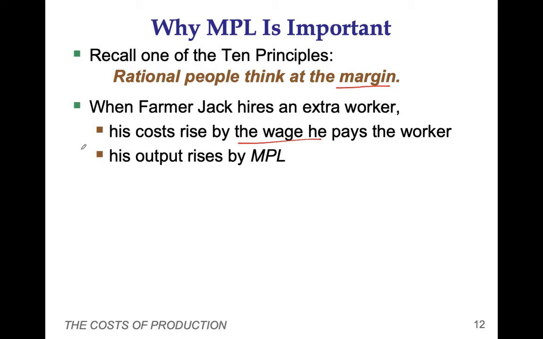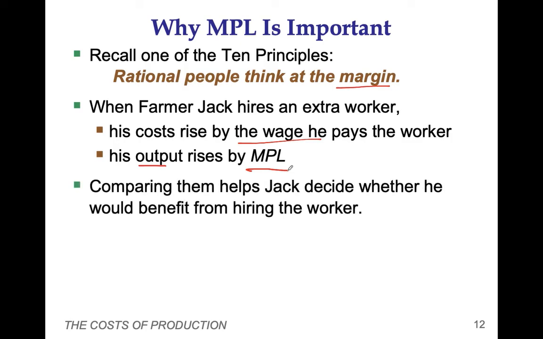The revenue is represented by the output, and how much output this extra worker is going to produce. This extra worker's production is represented by his marginal product of labor. How many units of output will this extra worker produce? What is the participation of this extra worker in raising total output?